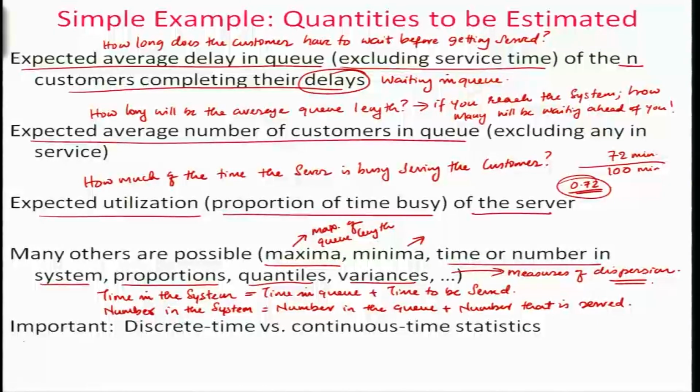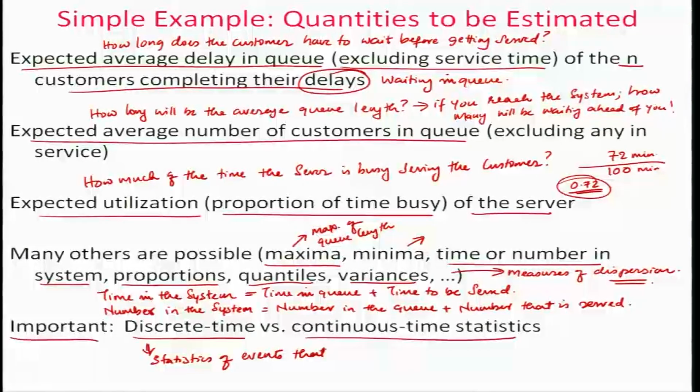And you should remember that we are talking about discrete time versus continuous time statistics. Discrete time is the statistics of events that happen at specific time instances, like arrival.